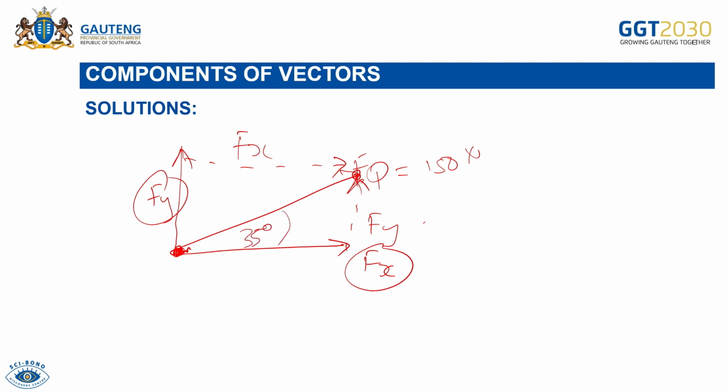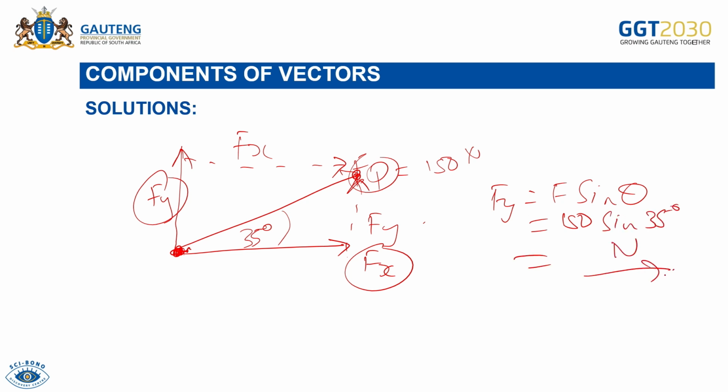Right, so here, the angle is 35. How do you calculate your Fy? Fy is what? It's F sine theta, which is going to be 150, that is FQ, and then sine of the angle, which is 35 degrees. Then you'll get your answer in Newtons, right? Then your Fx will be what? It's not sine but cos for Fx.